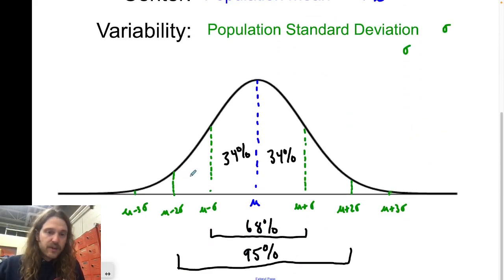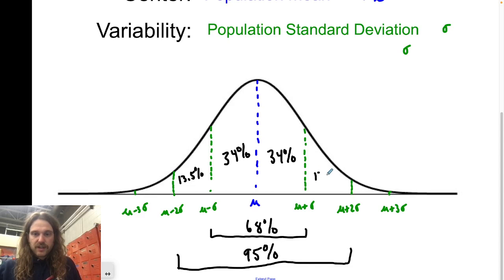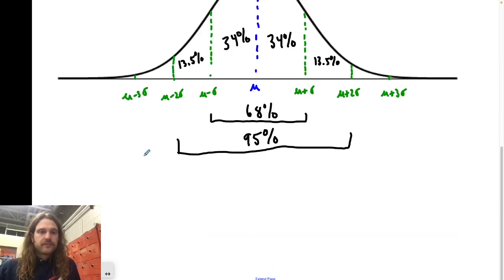That's going to be 13.5% of the data in this section here, and 13.5% of the data in that section there. So between the first standard deviation and the second standard deviation, we expect 13.5%, and similarly down here. And then the last rule is within 3 standard deviations.